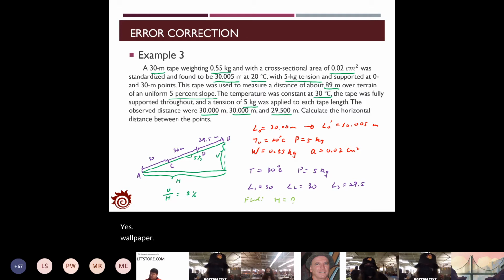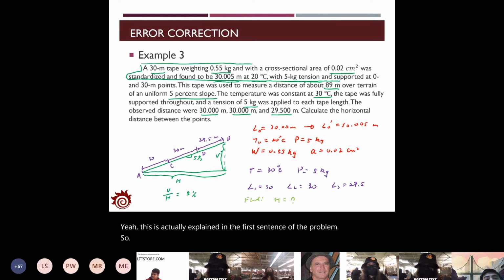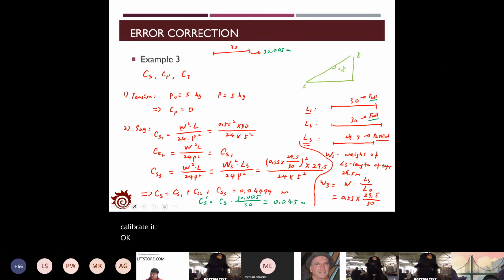Yeah, this is actually explained in the first sentence of the problem. Here you can see the calibration process. It's a 30 meters tape found to be 30.005 meters. This is a calibration. We use the true distance to calibrate it. Okay. Any other questions?